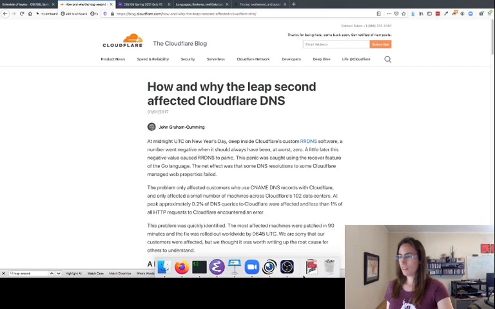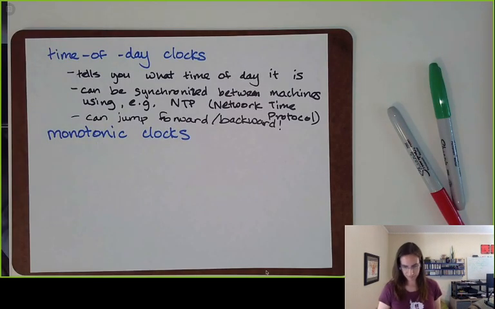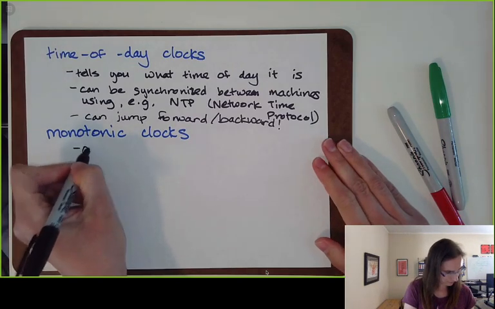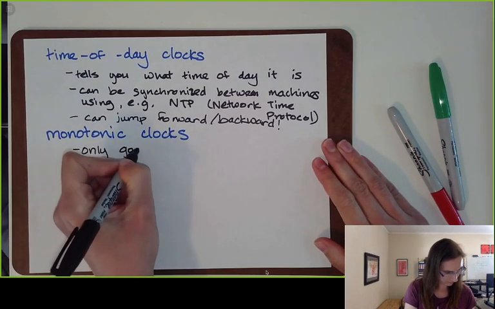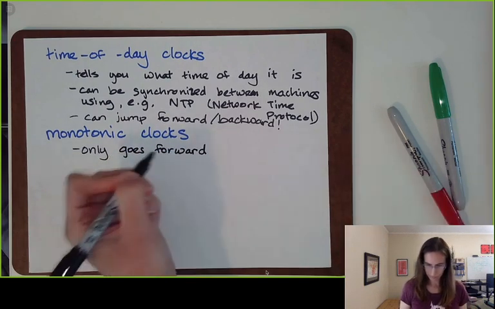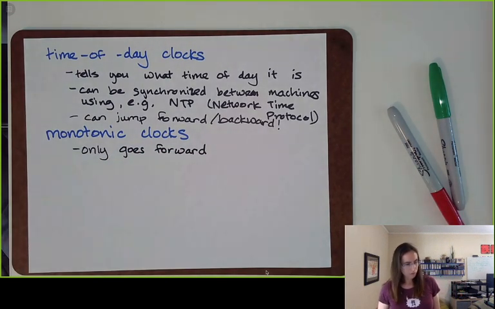So let's go back to talking about monotonic clocks. A monotonic clock only goes forward. So a monotonic clock actually is pretty good for measuring things like durations or intervals.